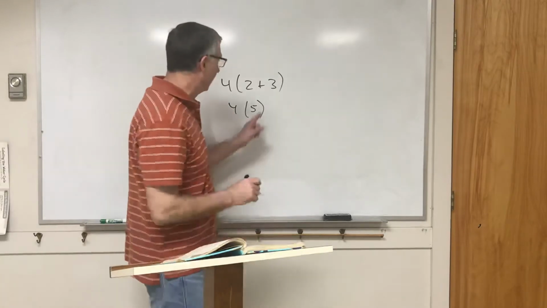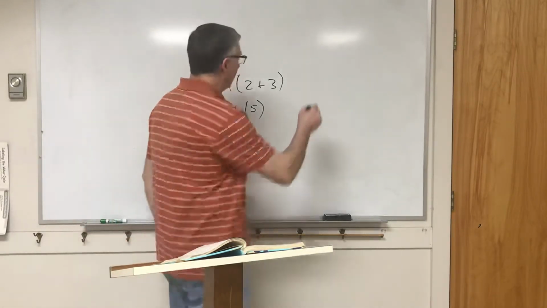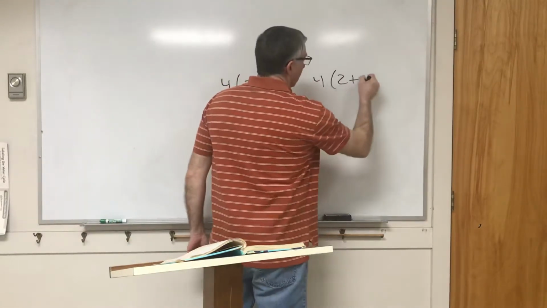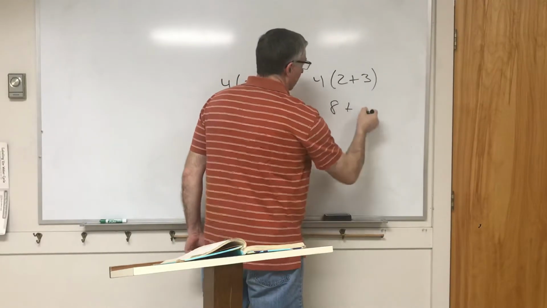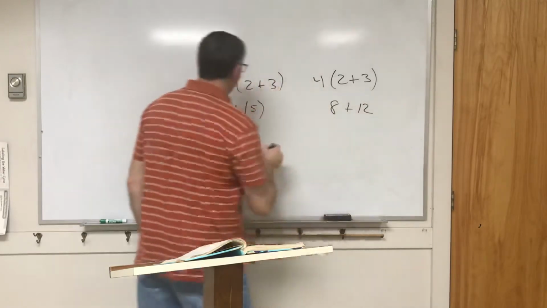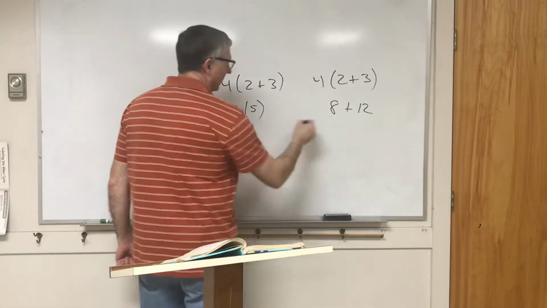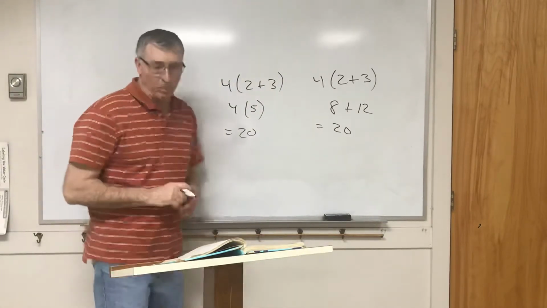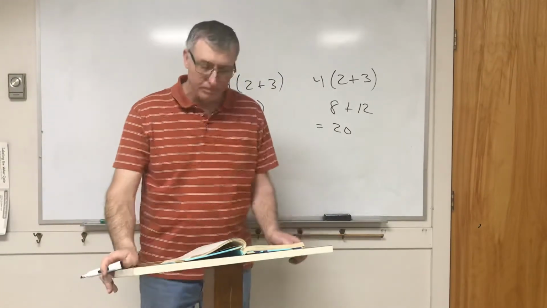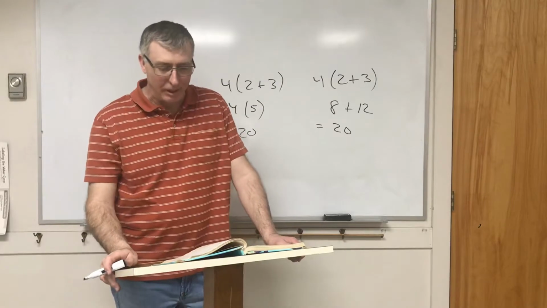So 4 times 2 is 8, 4 times 3 is 12, and so this one gives you 20, and this one gives you 20. That's the distributive function: you get the same answer both ways.